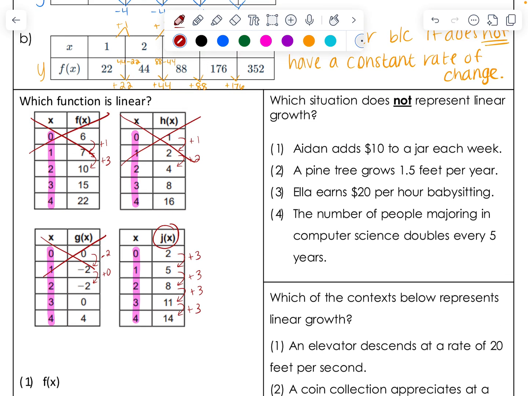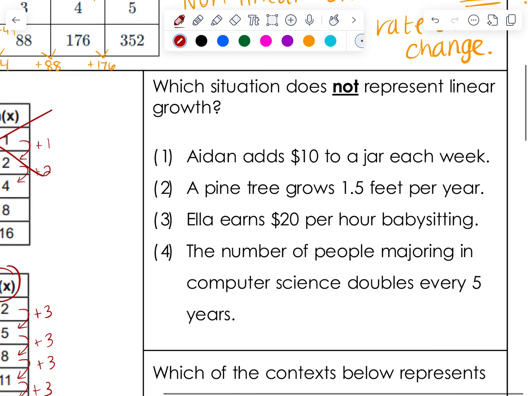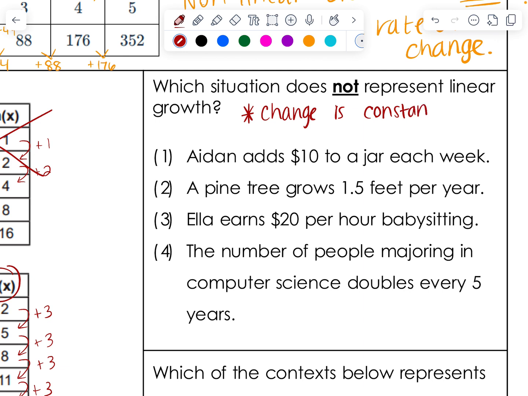Okay, which situation does not represent linear growth? So linear growth means that, like we've been talking about above, your change is constant. Okay, so I'm going to just write that on here. Change is constant. So in choice 1, it says Aiden adds $10 to a jar each week. That's constant.